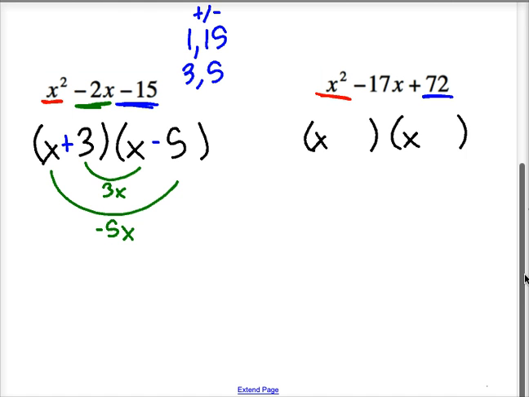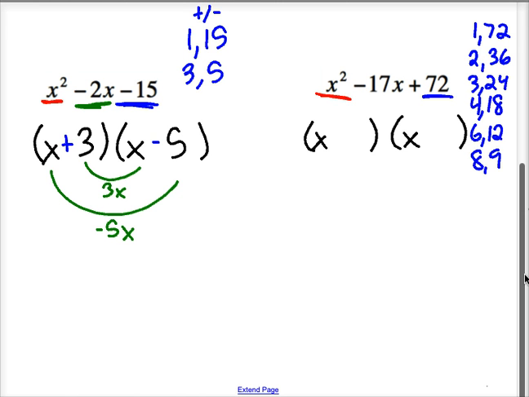So again, to go through that search, 1 and 72, then 2 and 36, 3 and 24, 4 and 18. If you take 72 divided by 5, it doesn't give you a whole number. So 5 doesn't work, but 6 does, 6 and 12. 7, again, doesn't work. 8 and 9. And then if you were to keep going, you'd just be reversing the numbers that you had anyway.